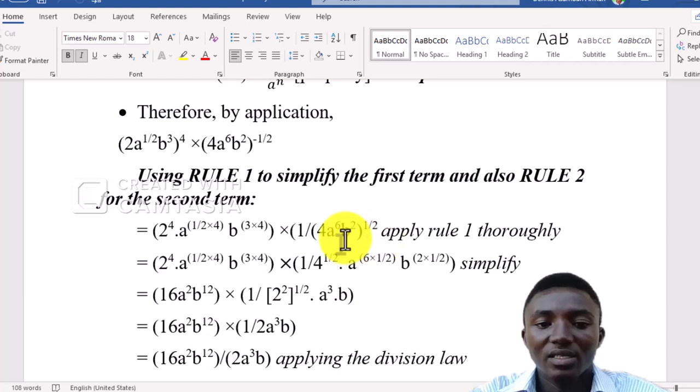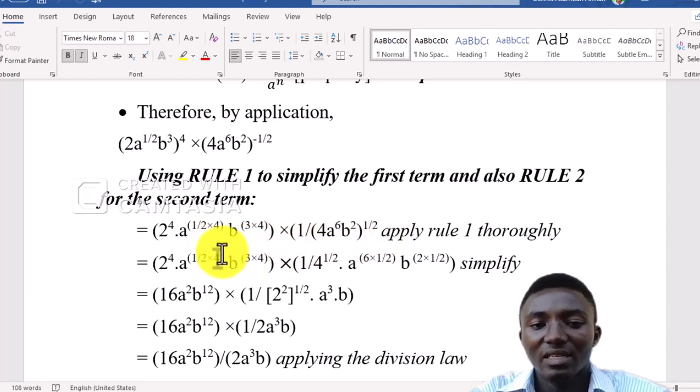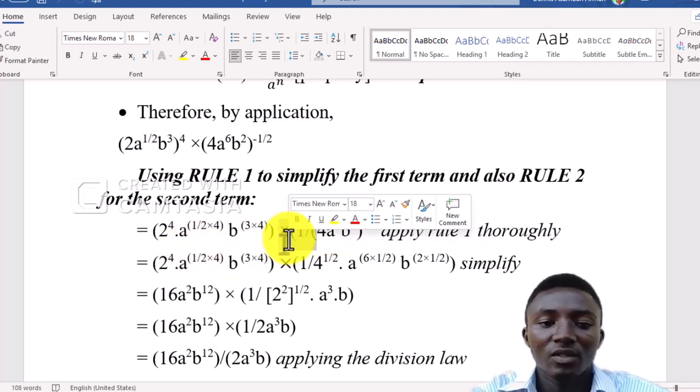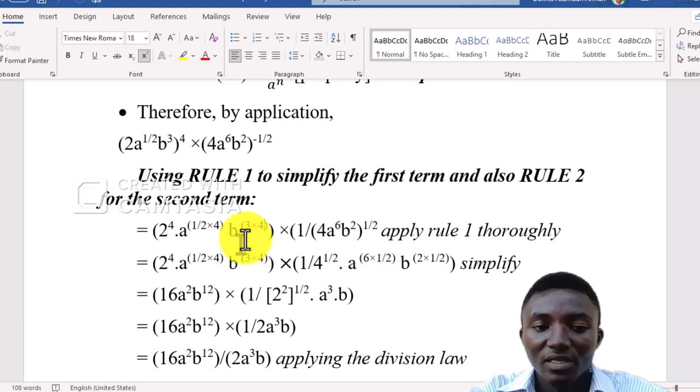Is that clear? Since we are done with this first expression, I'm sure by now you understand the reason why we have this. Don't forget that I have used the first rule to simplify this one, and also the second rule to arrange the expression in this form in a fraction.